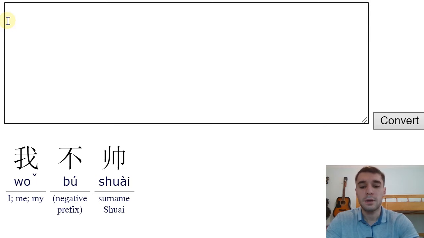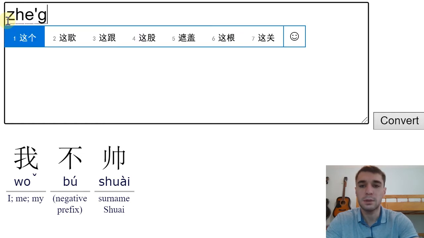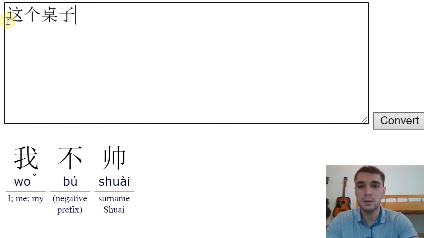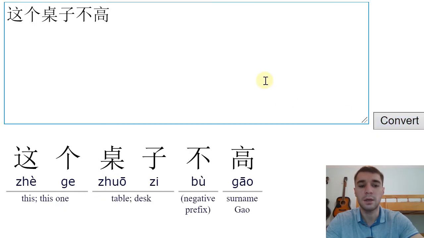Say for me that the table is not high. So this table, 这个桌子不高, right? Table is not high.